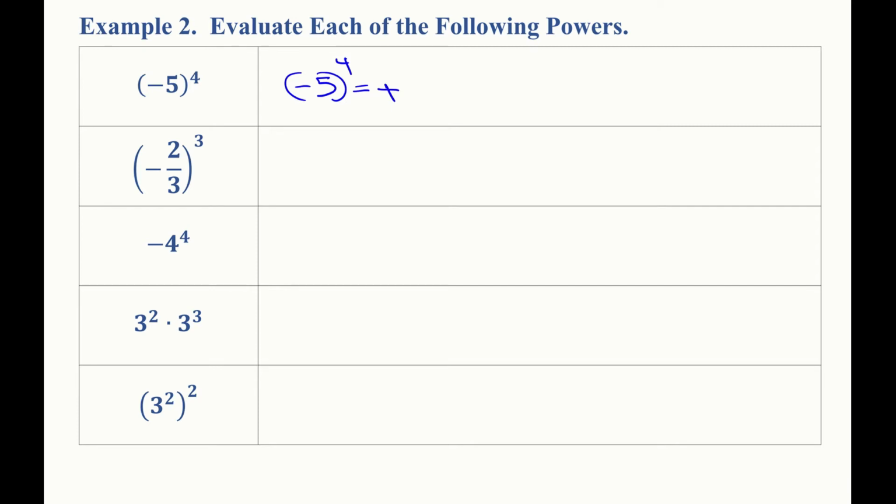We know this is going to end up being positive, so we just need to worry about 5 to the 4. And if you recall from the table, it's 625, and if you don't, it's not that difficult just to calculate it. So we know this is 25 times another 25, and that is 625.